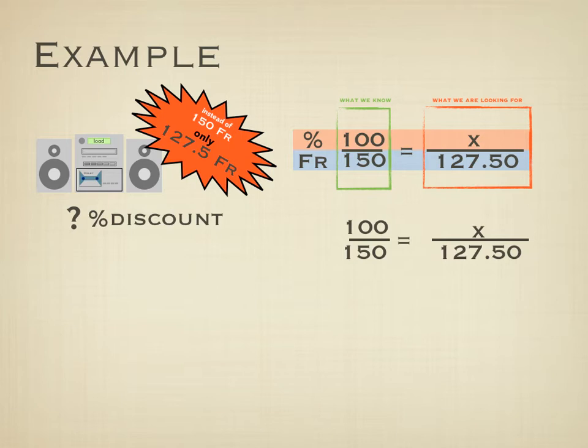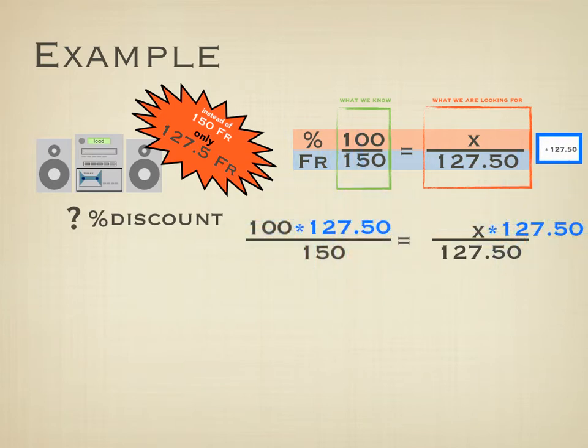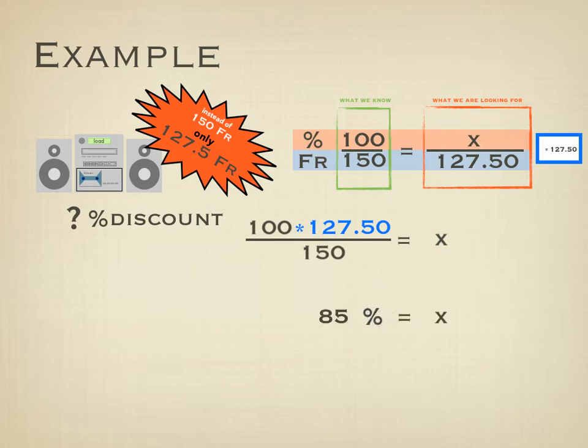We set up an equation in order to define x. So we multiply by 127.50 on both sides in order to isolate x. On the right we can cancel, leaving x, and on the left we get 85. That is to say 85%.